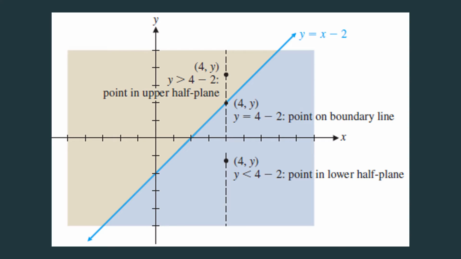But whatever point I take below, it will be less than 4 minus 2, which is 2. And here all these y values will be greater than 2. So you know that this is the upper half plane and the other one is the lower half plane.